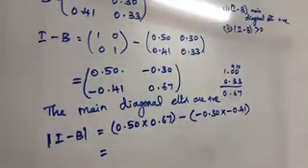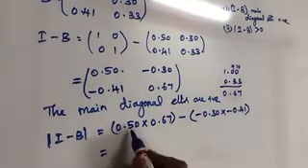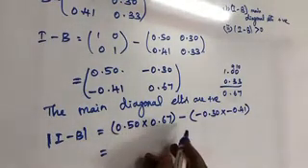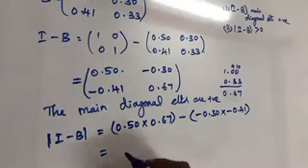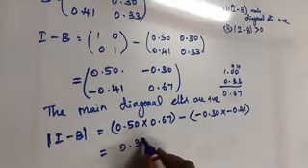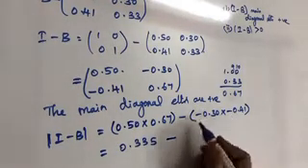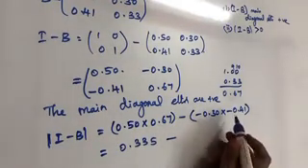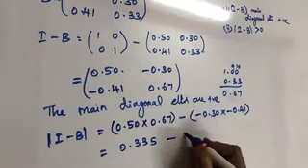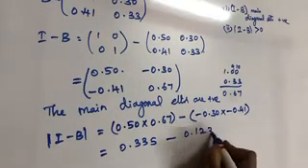So 0.50 into 0.67 is equal to 0.335. Minus into minus will be plus, 0.30 into 0.41 is 0.123.